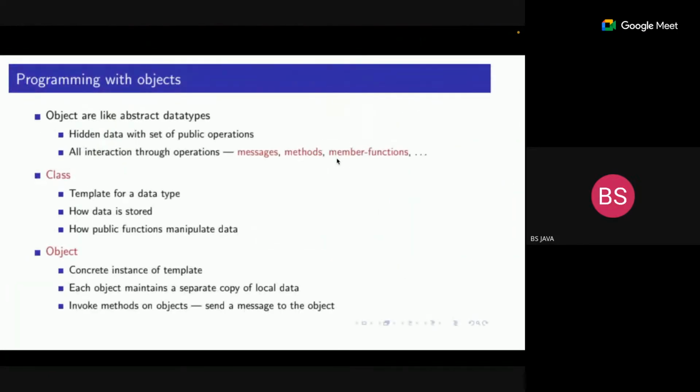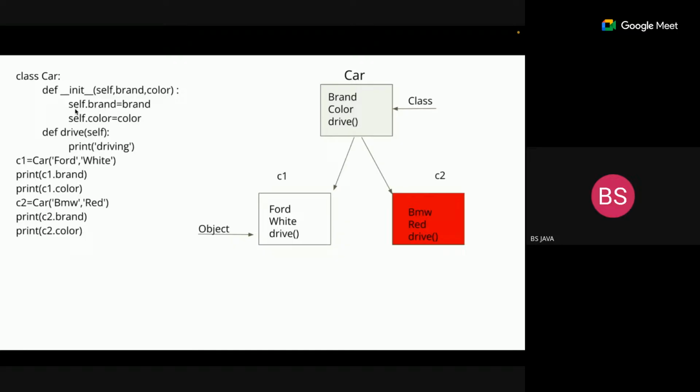Now come back and read this again. Class is a template for a data type. So we can say that car itself is a data type, an abstract data type that has data and methods. I can change drive here and still call drive from here, and we will get the new definition of drive.